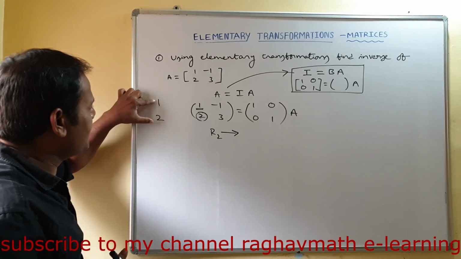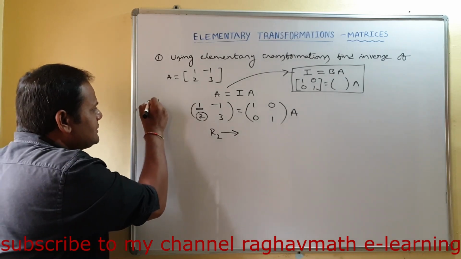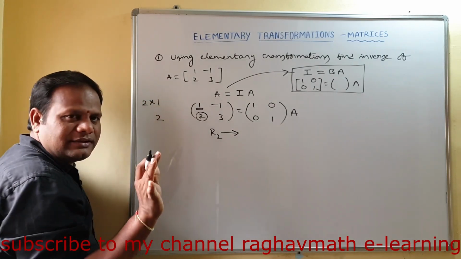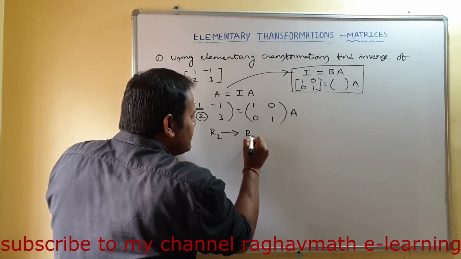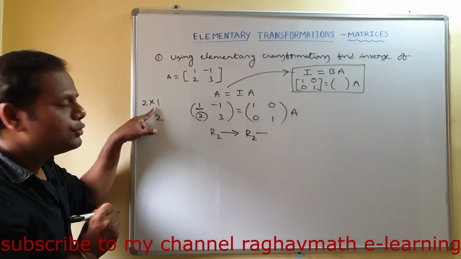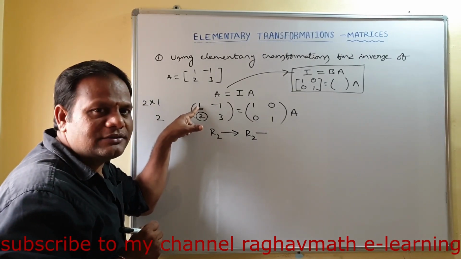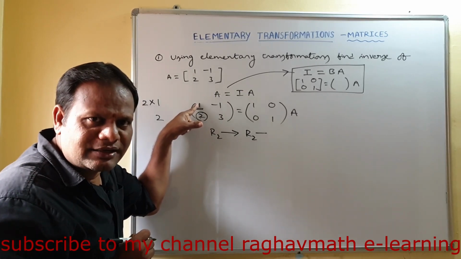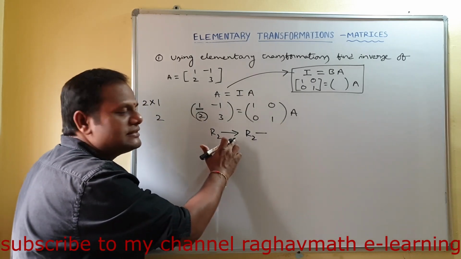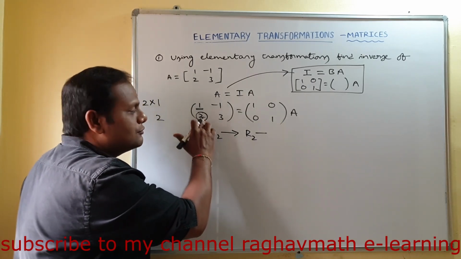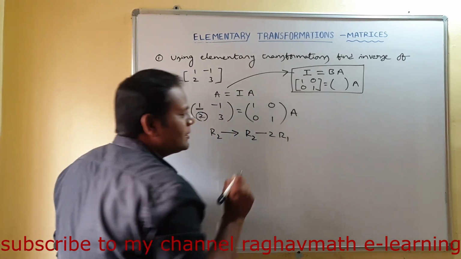First you make them equal. To make them equal, we multiply this by 2. So you take this R2 as it is minus 2 into this element. 2 into this means the first row, yes, it is the first row. So the operation is R2 changes to R2 minus 2R1. That's all.